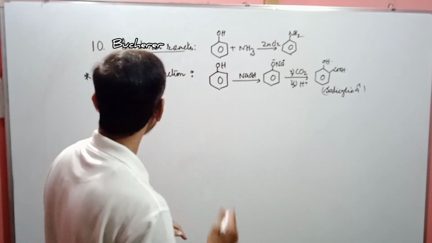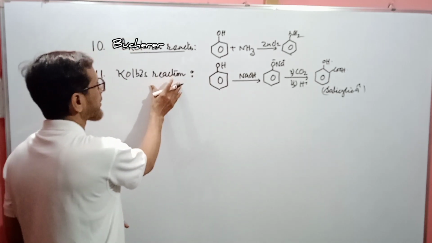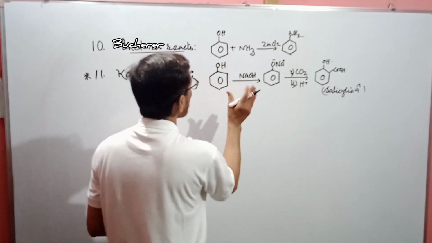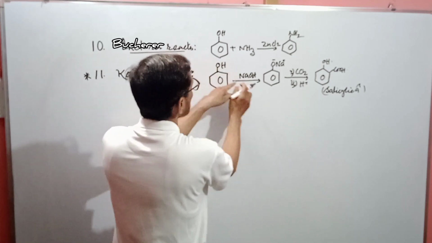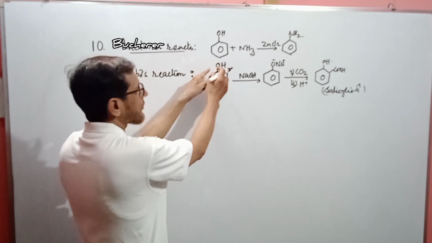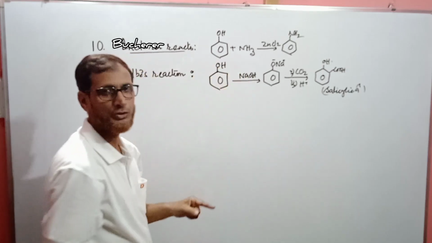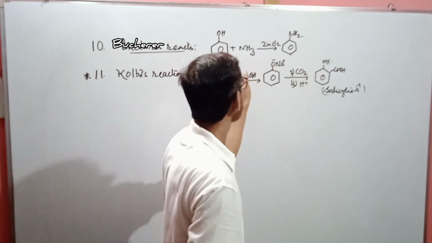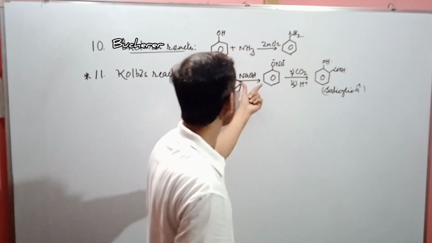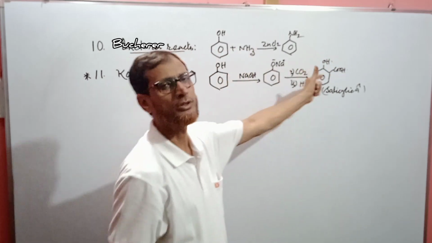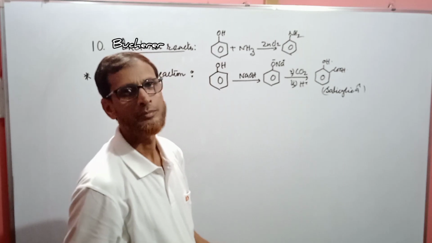One thing I will explain a bit later. Why is phenol treated with sodium hydroxide? The OH group is there, sodium hydroxide is used, and again at last OH appears as OH. What's the use of this? Why are we doing this game?